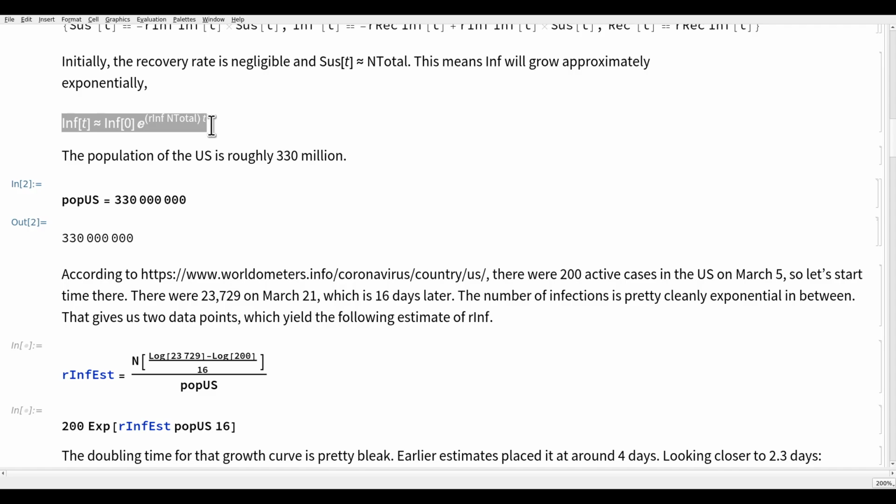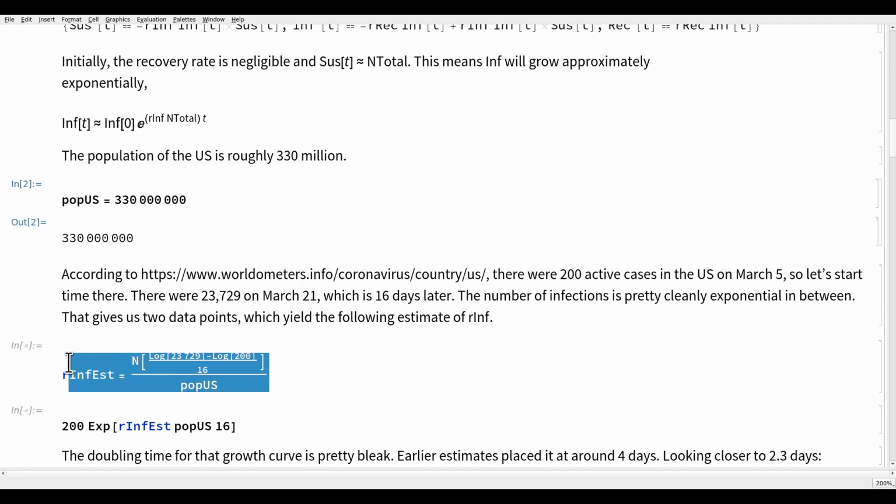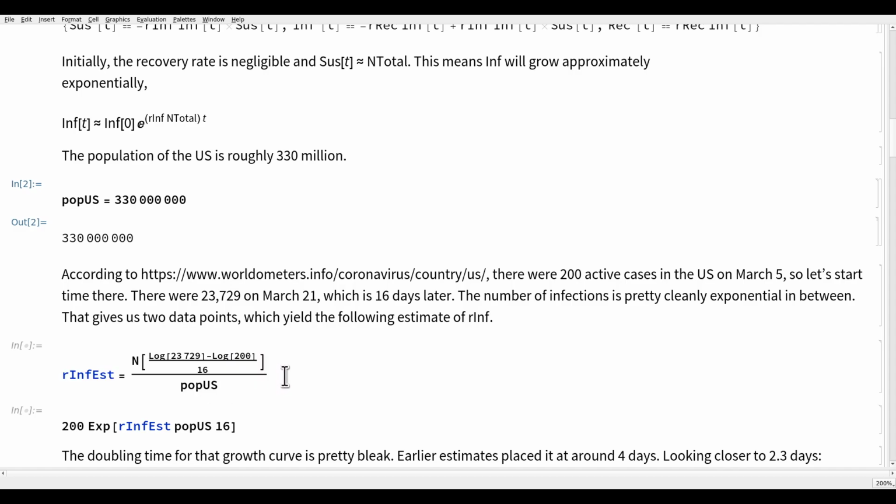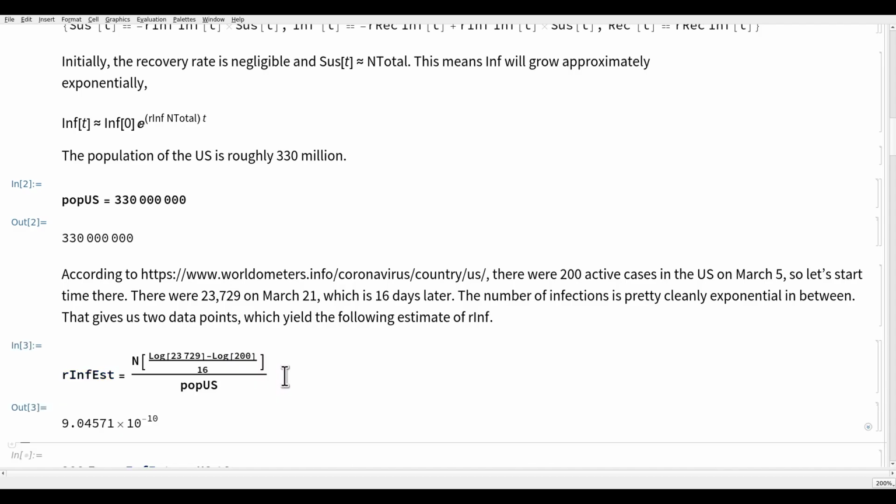At time 16, which is March 21st, there are 23,729. You then solve for rInf times the total population, and this is the result. And then you can divide by pop_us to get rInf_est by itself. Okay, so there we go.